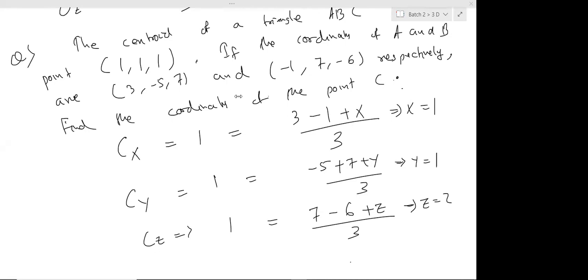No, no, same process, right? This is the z coordinate for the centroid. This is the formula, right? Z coordinate of A, Z coordinate of B, Z coordinate of C, by 3. Just cross multiply and find the value outside. All right, so C will be 1 comma 1 comma 2.